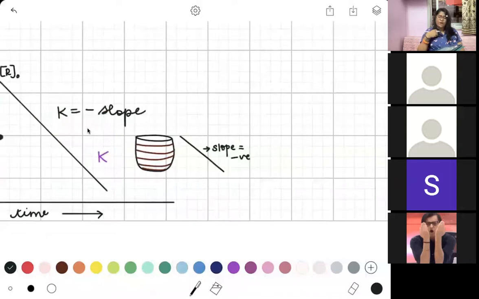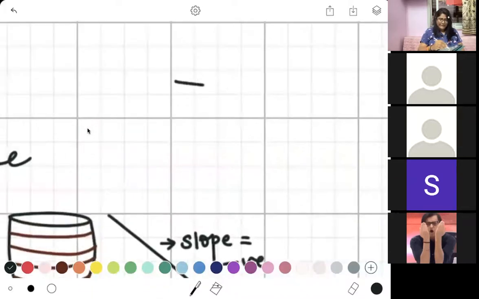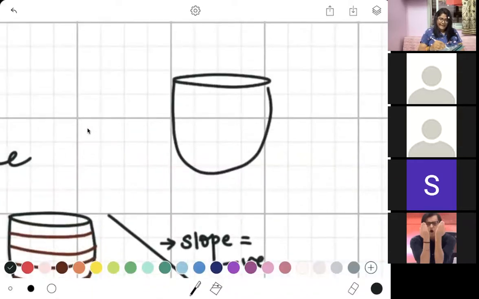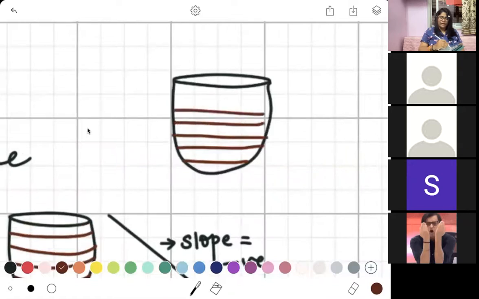Now consider when the coffee was made and being poured into my cup. The concentration at time 0 would be low. Time 1, concentration would increase. Time 2, concentration would increase. 3, 4, and 5.